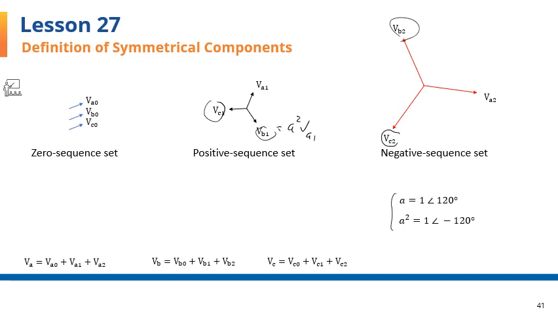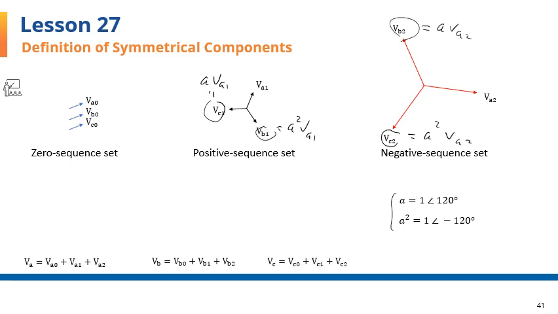VC1 leads VA1, so that can be written as A times VA1. And similarly here, VB2 leads VA2 by 120 degrees, so it can be expressed as A times VA2. And VC2 lags VA2 by 120 degrees, so that can be written as A squared times VA2.